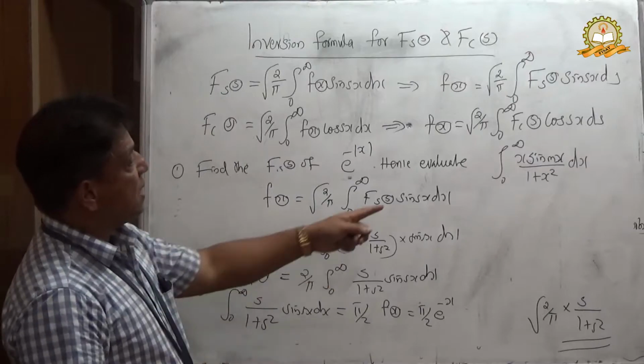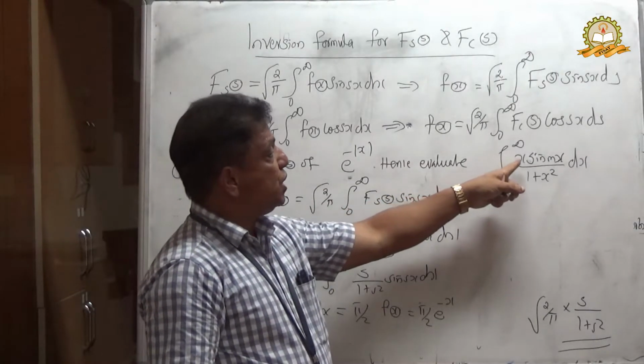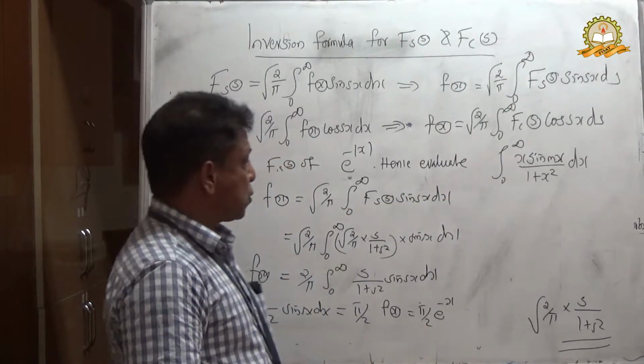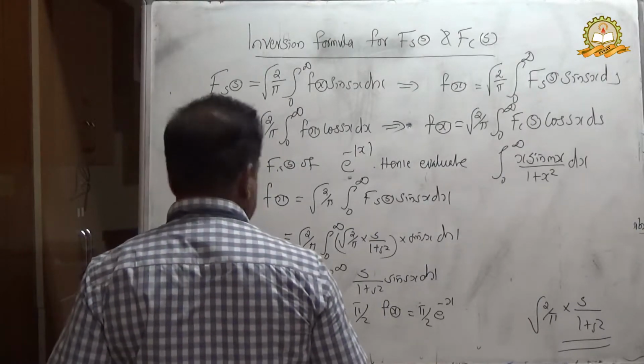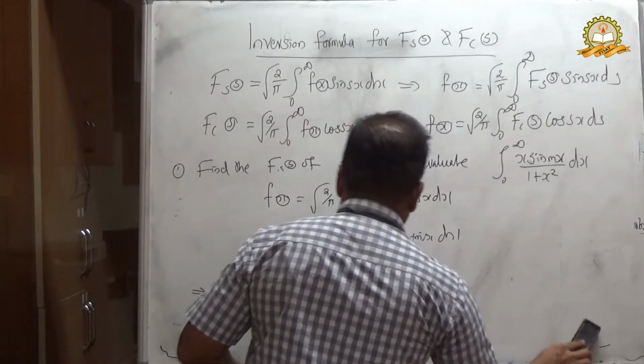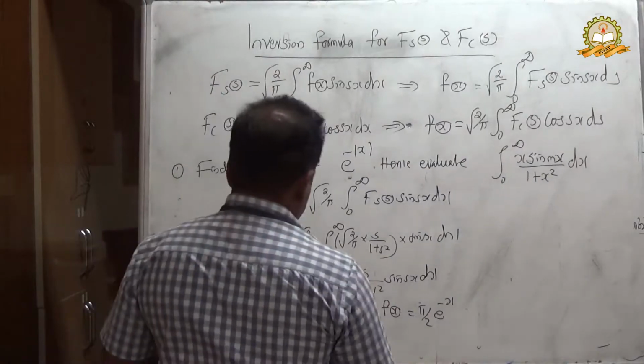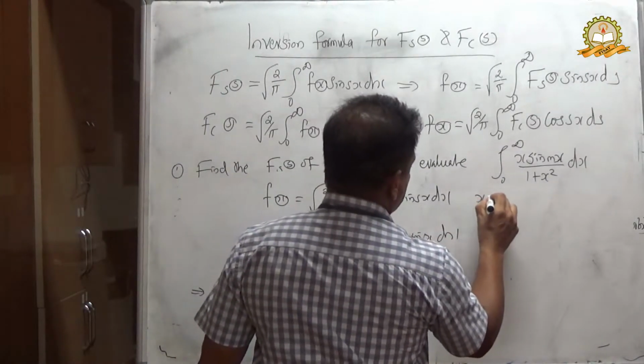But we have to evaluate integral 0 to infinity x sin mx by 1 plus x square dx. For that case, here we put x is equal to m.